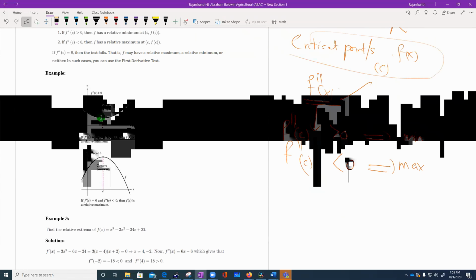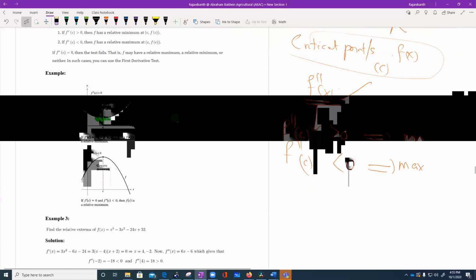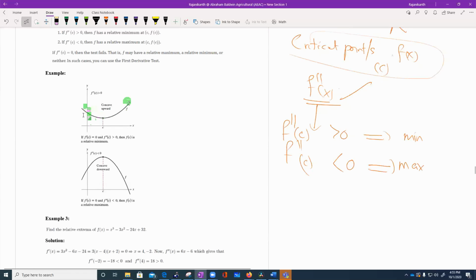So now we have tools, I could say, to connect the second derivative and first derivative with the function to identify relative max and min. Now you have an idea about concavity also, right? If you want a relative minimum, the function of course has to have a concave upward trend. For concave upward, your second derivative is supposed to be positive at that point.